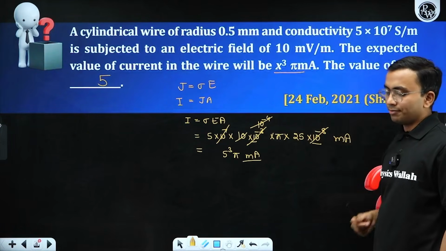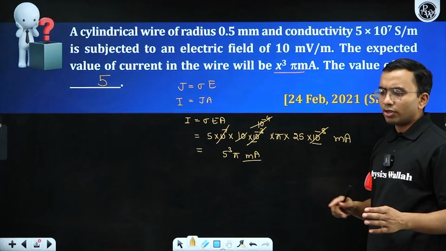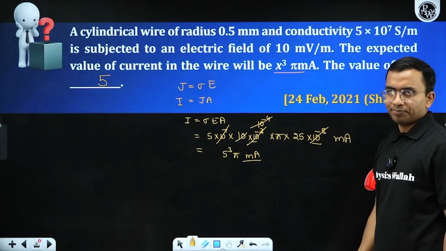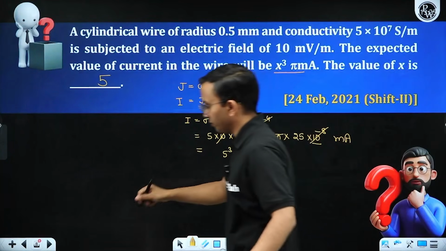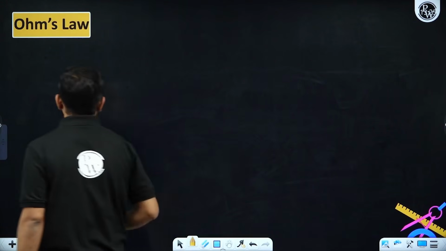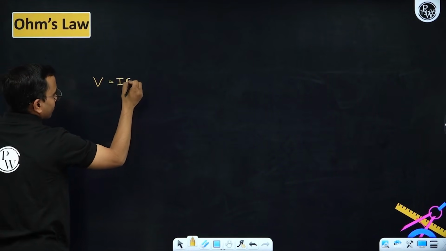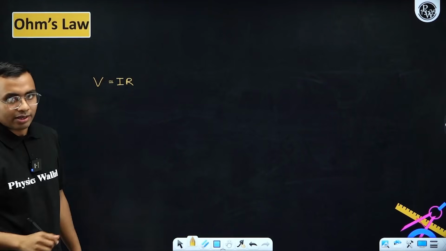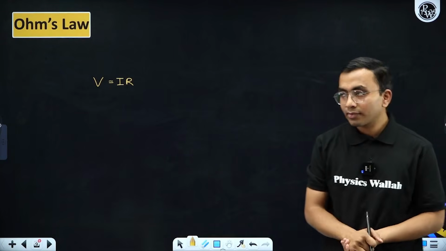These are simple questions, not that complicated. Although the derivations, relaxation time and the drift velocity, seem a bit complicated, if you understand them very clearly, things are very easy and straightforward. Now Ohm's law, we know that V is equal to IR. Generally we say this is for conductors.